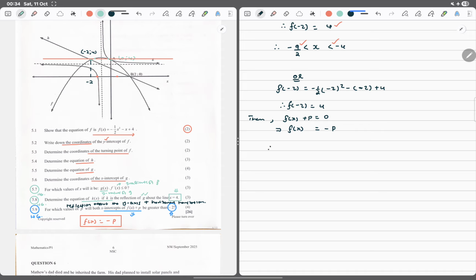It means, therefore, that minus p must be less than 9/2, but greater than 4, isn't it? Because that's where that position is. And when we solve for p, nicely, inequalities will multiply by negative. P is positive. That sign becomes greater, so minus 4 comes this side. That one becomes less. It comes this side.